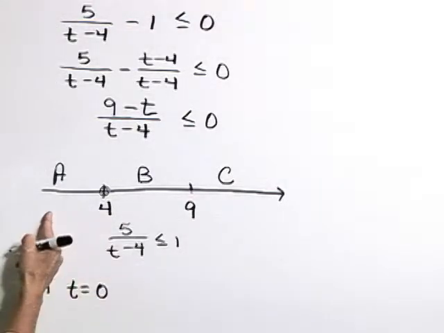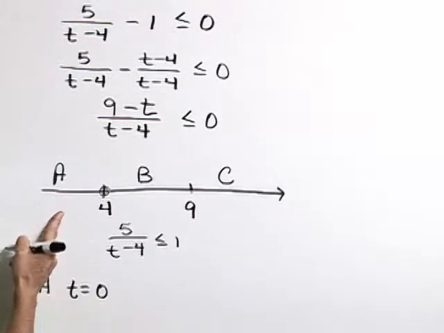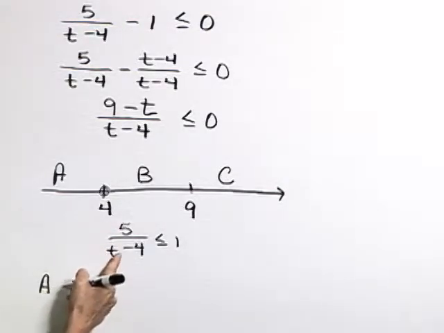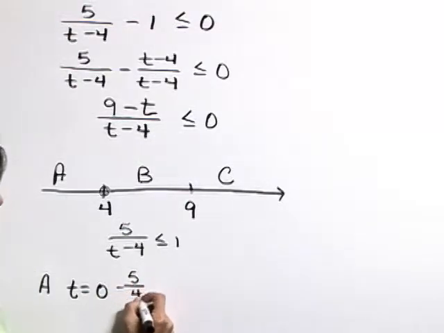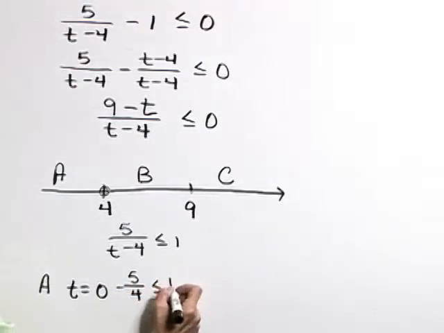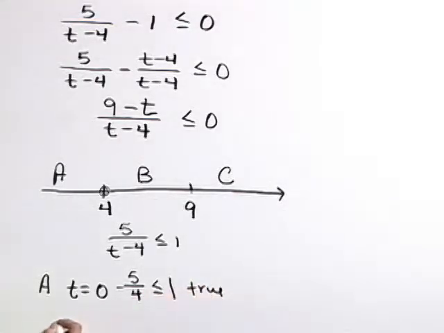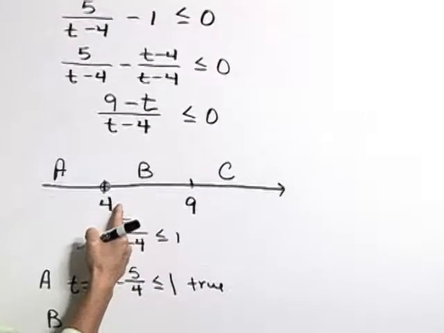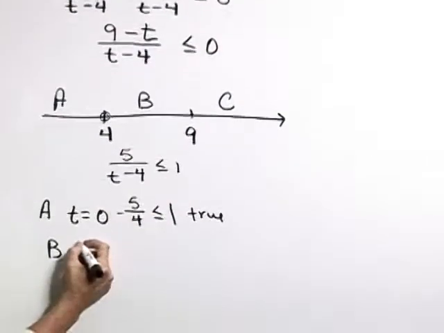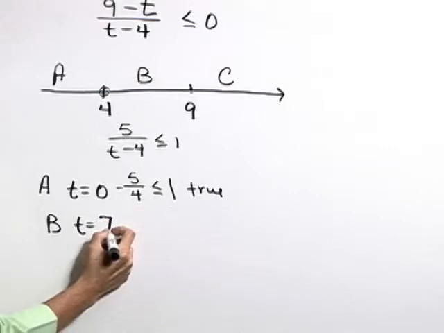That's a number that's clearly smaller than 4. Now, is 5 over 0 minus 4, or is a negative 5/4 less than or equal to 1? Sure, that's true.